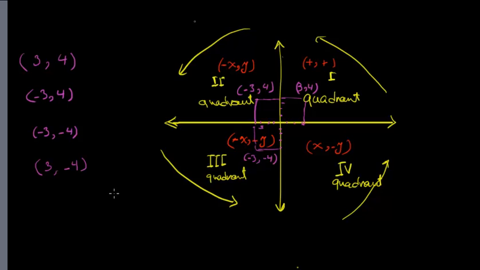To draw 3, -4, it's easy. We already have our 3, which is on the positive side of the x-axis, and -4 on the bottom side of the y-axis. We connect them, and we'll have our dot here as 3, -4.